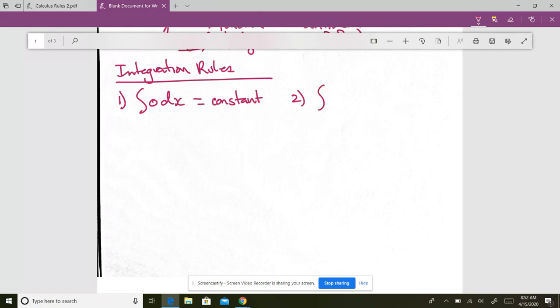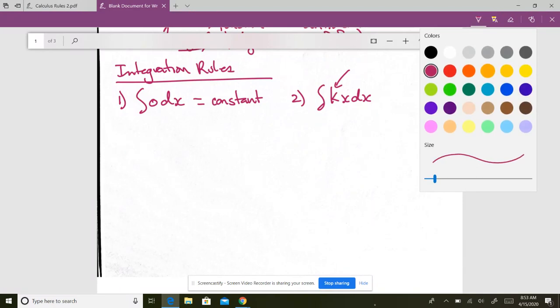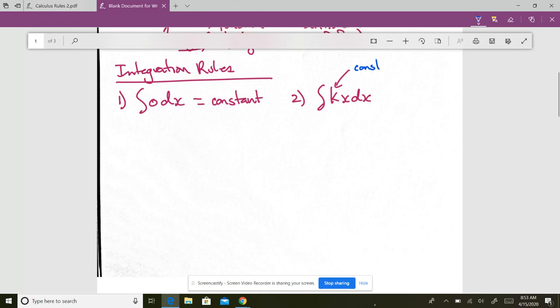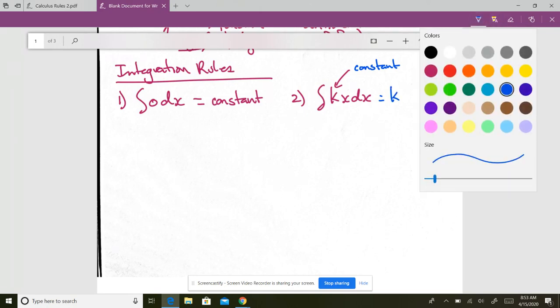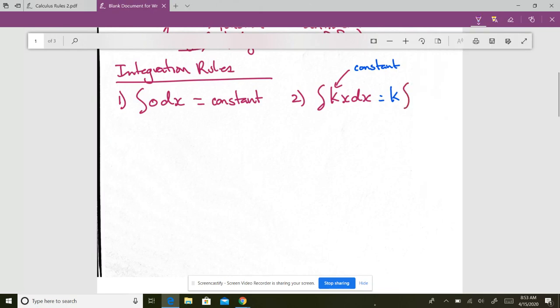Second one, k is a constant. If you have a constant in the integral, you can pull the constant out and then integrate the function as normal.